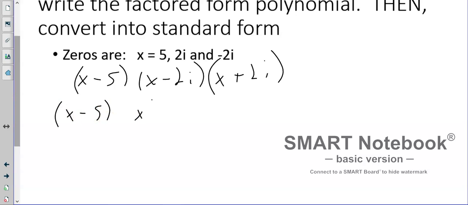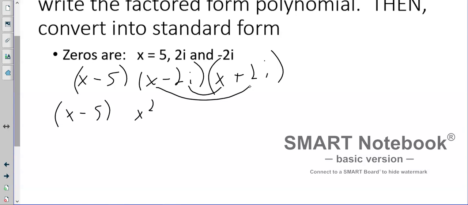So x times x is x squared. I have negative 2xi plus 2xi. The inside and outside cancel because we have plus and minus, right? And they cancel. Okay? It's a difference of squares.